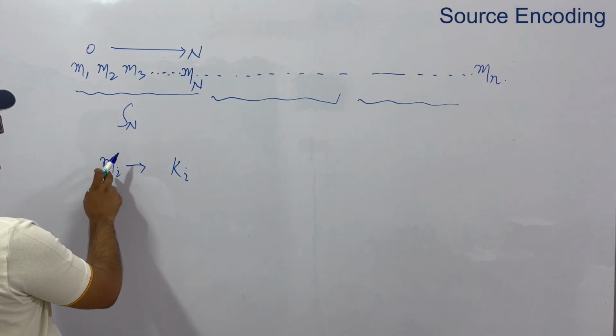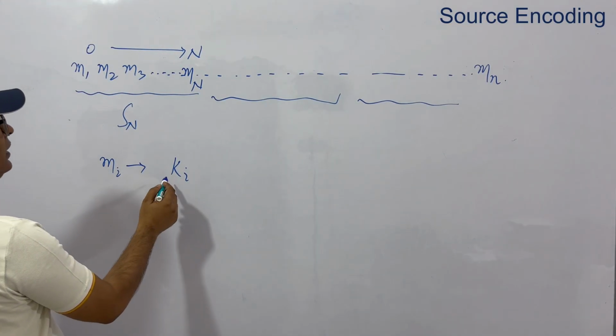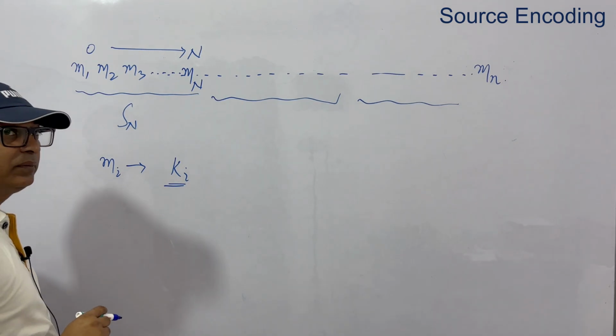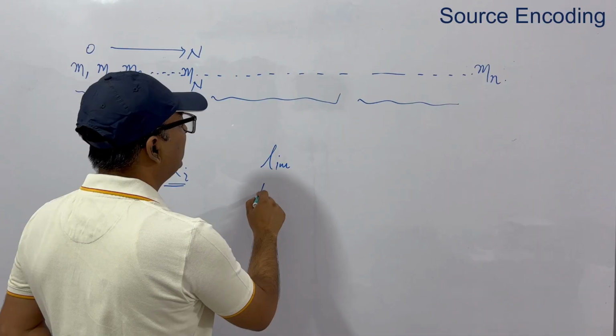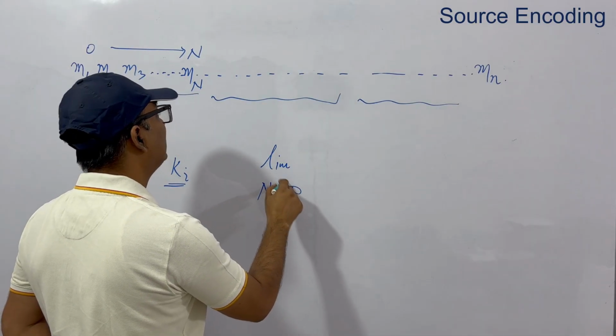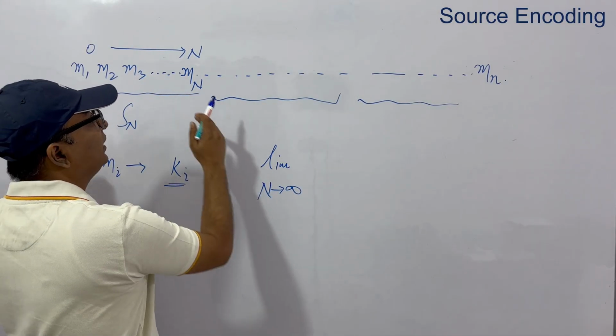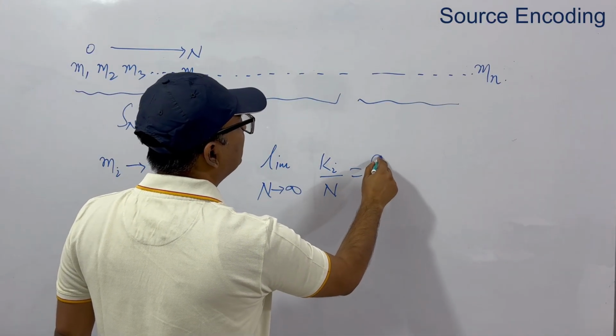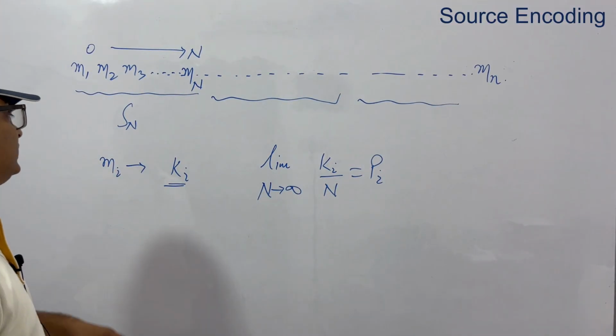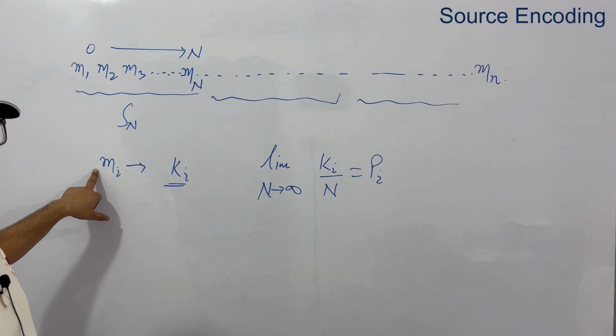So let's say our ith message repeats ki number of times. Then we know from probability theory that, limit when n tends to infinity, that is, if this is a large number, then ki by n is actually pi, the probability associated with the ith message.